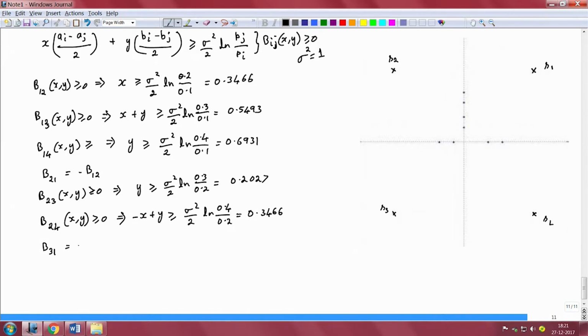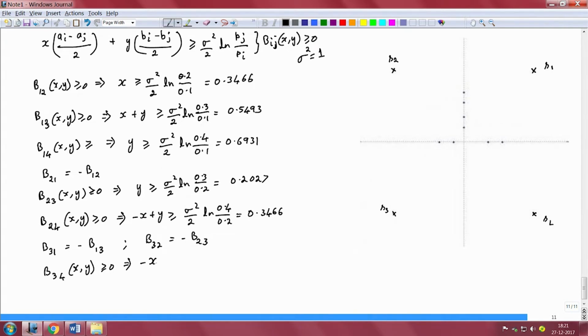And for 3 1 we know it is the negative of b13, and between 3 and 2 it is the negative of b23, and b34. So, between 3 and 4 it is only the x coordinate that is different.